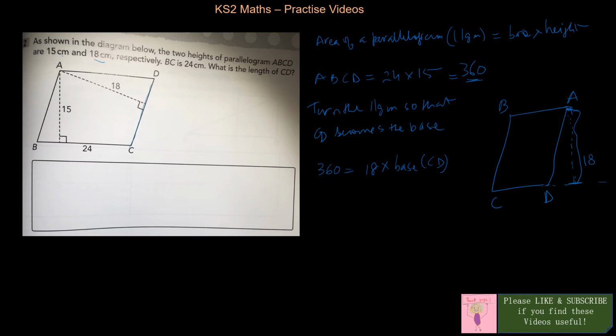So 360 divided by 18 equals base CD. 18 times 2 is 36, so 20. So the base CD is 20 centimeter.